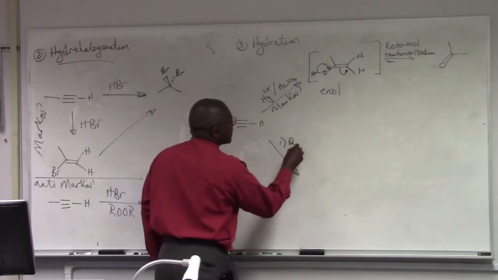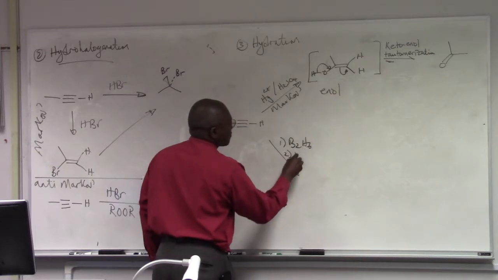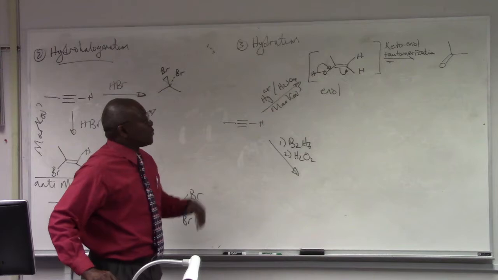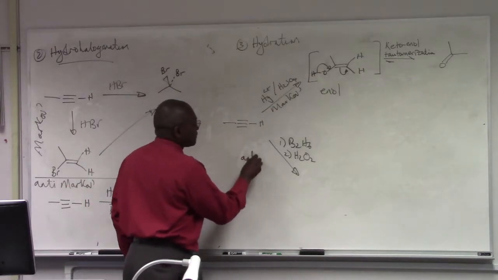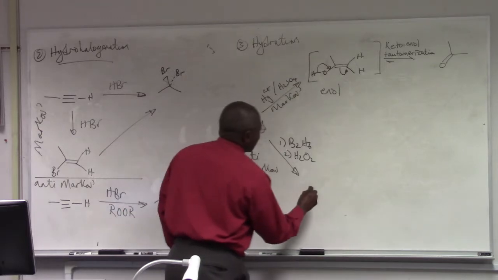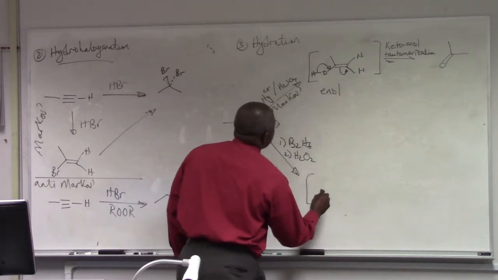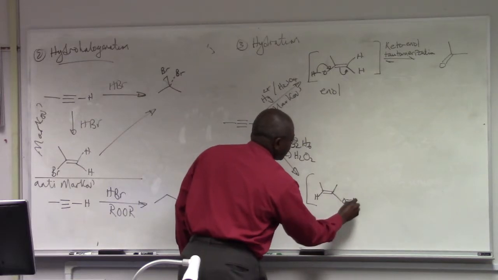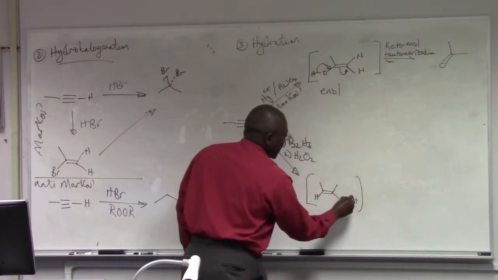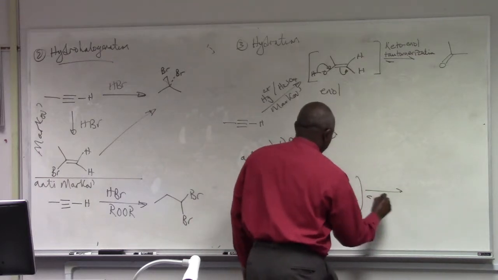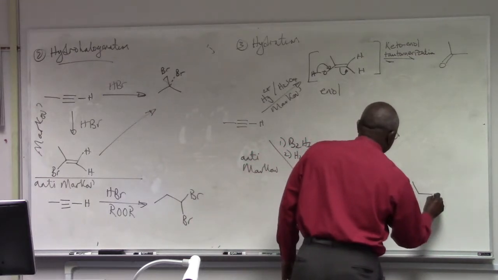If I use B2H6 followed by hydrogen peroxide, you've met this reagent set before, that will do anti-Markovnikov, and that's going to give rise to the isomeric enol, which is this one. That will tautomerize to give rise to the corresponding product, which is going to be the aldehyde.